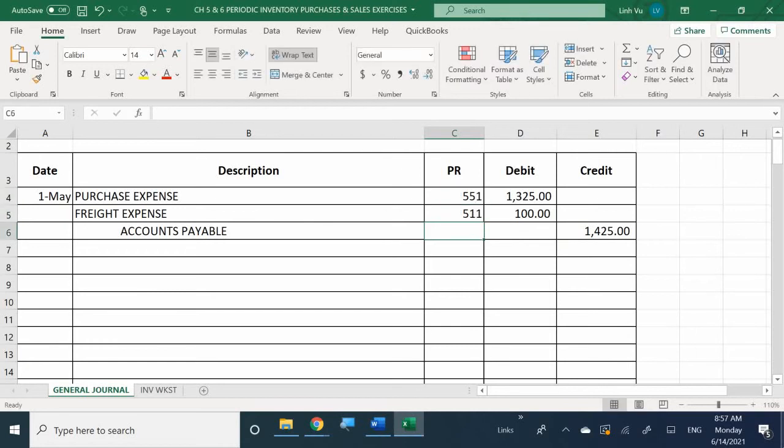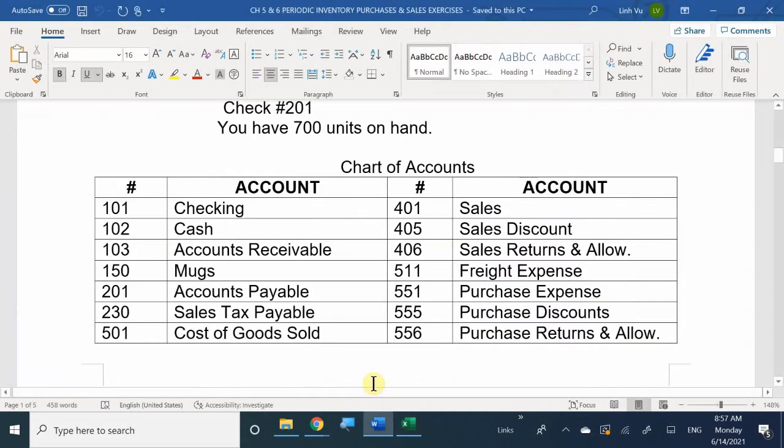What was my accounts payable account? 201. Okay. So again, this is how you actually properly journalize it: you're going to use your transaction analysis, determine if a transaction should be recorded. You're going to use your chart of accounts to see if there's an account that exists. In this case, we've been practicing, we kind of know the general idea, right? So in this case, perfect, we have everything that we need here.